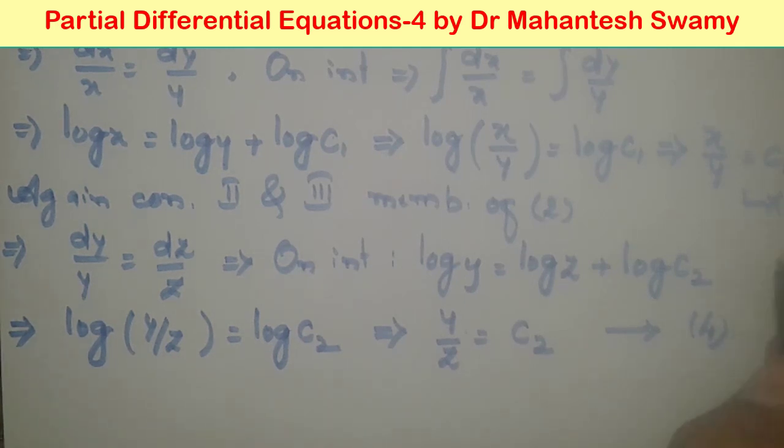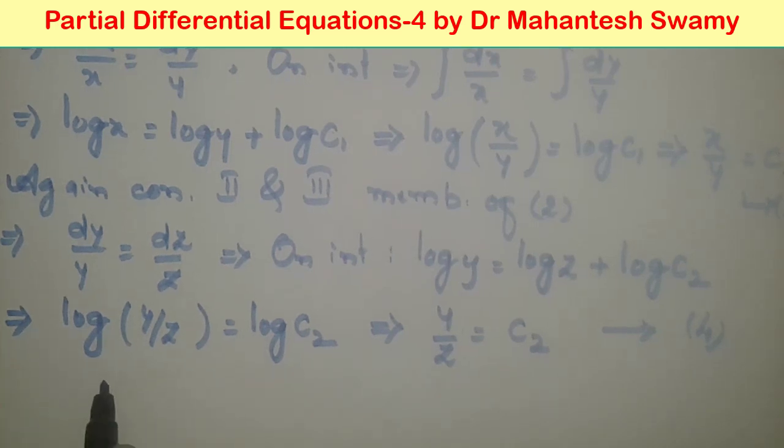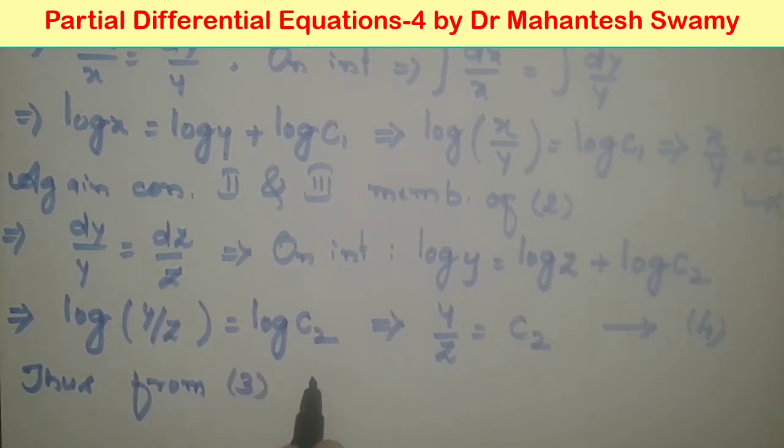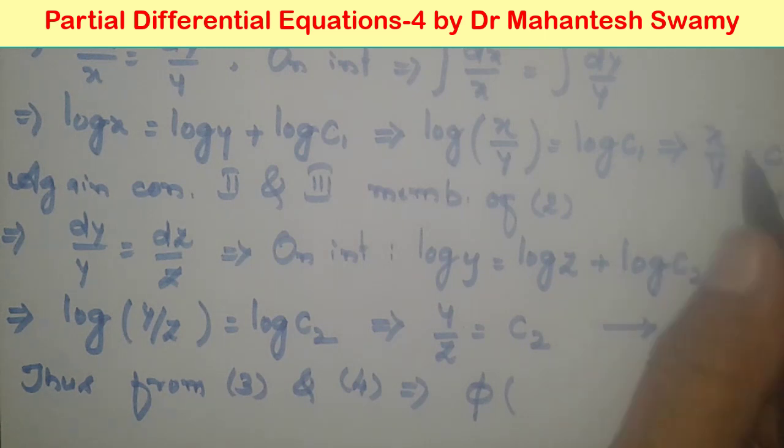Now combining these two solutions 3 and 4, we can write the general integral of the given PDE. Thus from 3 and 4, it implies phi of x by y comma y by z equals 0.